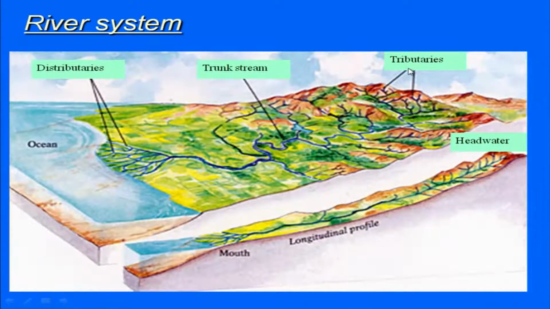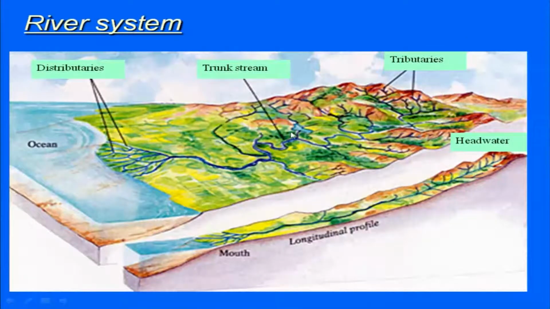So we have multiple smaller streams, that is your tributaries, and these tributaries in the headwater regions carry the material with the help of flowing water and siphon it into the major trunk stream.